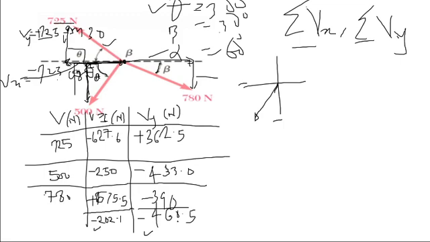When I take the square root, the answer is 502.9. So the resultant is 502.9 Newton. That is how long this vector is.